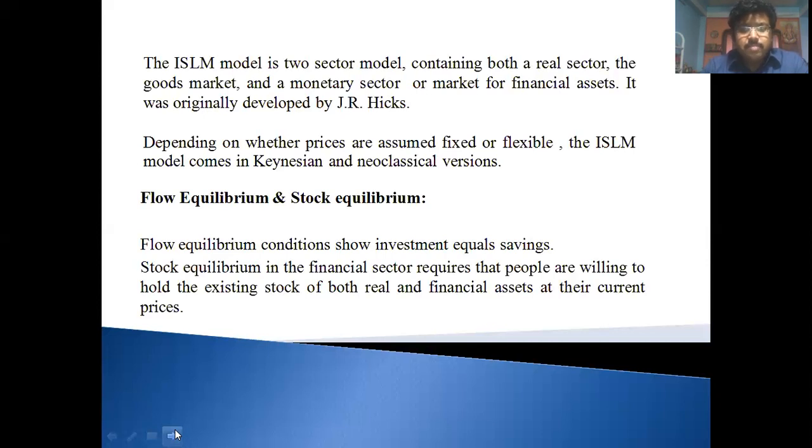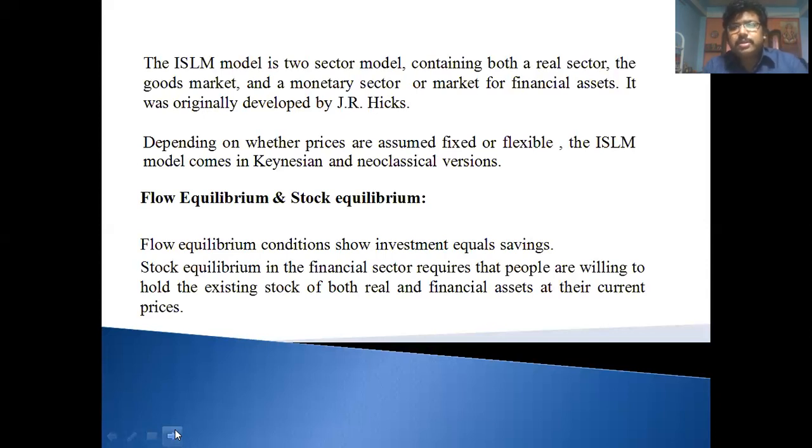Suppose the demand for assets does not equal the supply of assets. If the demand for assets does not equal the supply, the prices of assets will be changing, and this will have an effect on the consumption and real investment decisions.